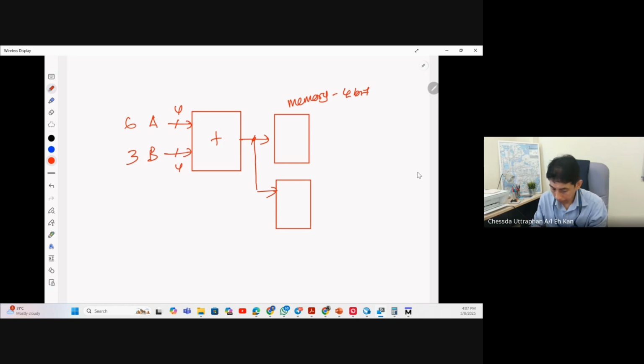So the system needs to know whether the result is out of range or not. If out of range, we need extra space to deal with that problem. That is the reason why we need to know whether the result is out of range. And this can happen, right? Because 6 plus 3, we can have all the time.